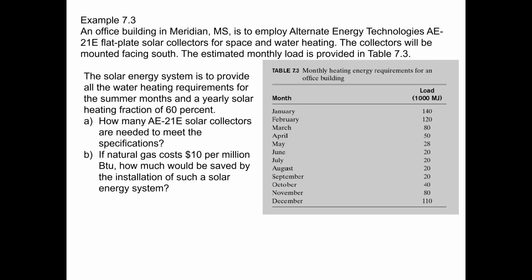And then over the course of the whole year, they want this system to provide 60% of the total heating needed for the building over the course of the year. So the first part is asking how many of these solar collectors are needed to meet the specification. Then it says if natural gas costs $10 per million BTU, how much would be saved by the installation of this solar system? Right. So let's go through each step.